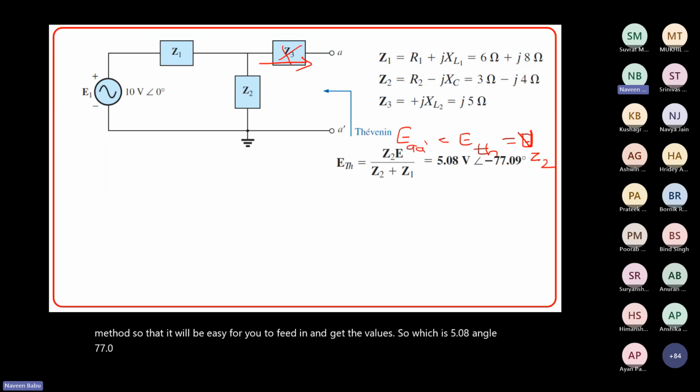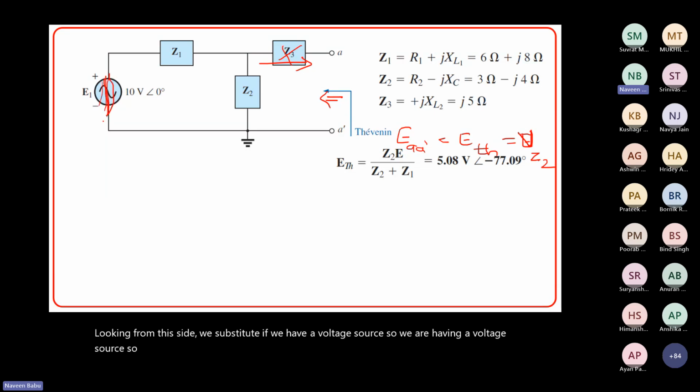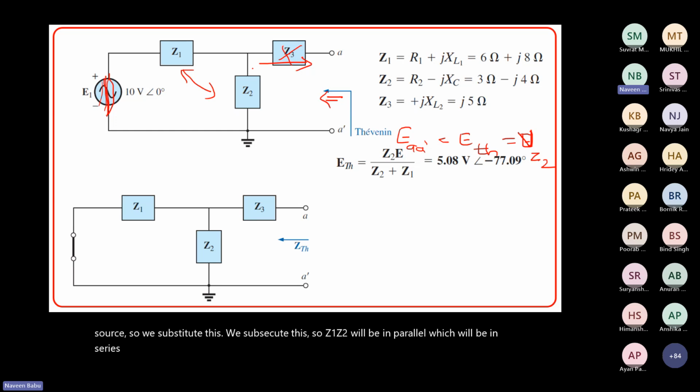Now again, we still have to find the ZTH value. To calculate the ZTH value, what do we do? Looking from this side, we short circuit if we have a voltage source. We are having a voltage source, so we short circuit this. Then Z1 and Z2 will be in parallel, which will be in series with Z3. So your circuit becomes like this: Z1, Z2 in parallel, with Z3.